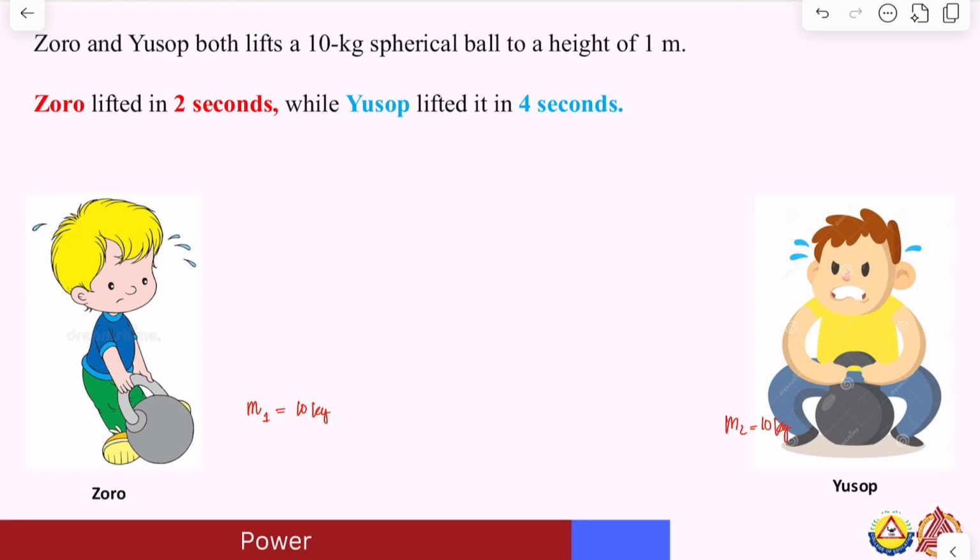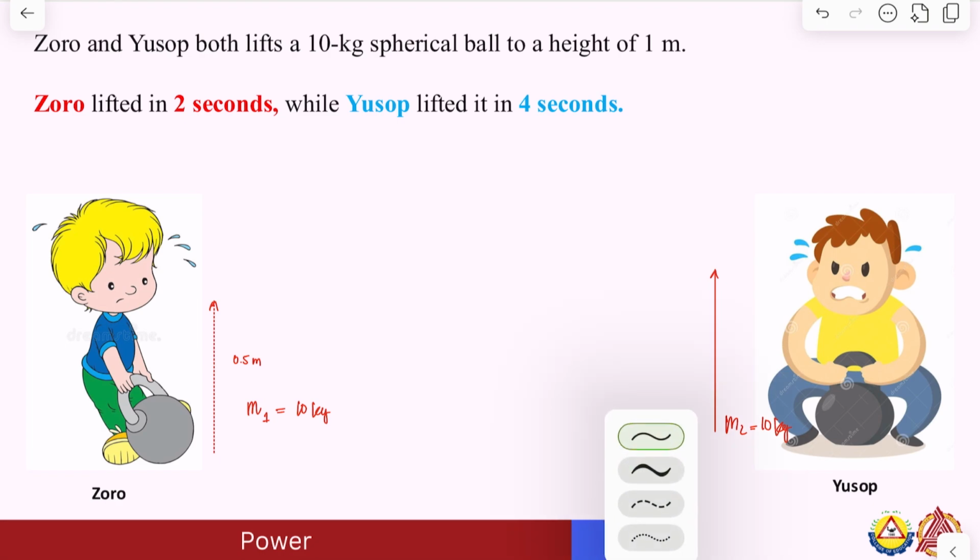He lifts a mass of 10 kilograms, and let's just say for simplicity, both of them have to lift that 10 kilogram object up to a height of, say, 0.5 meters. So they both have to lift the mass of 10 kilograms to 0.5 meters.